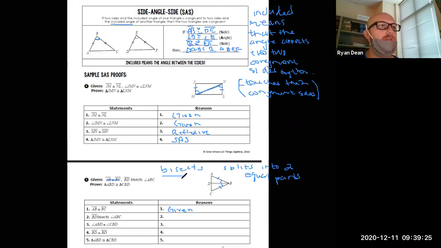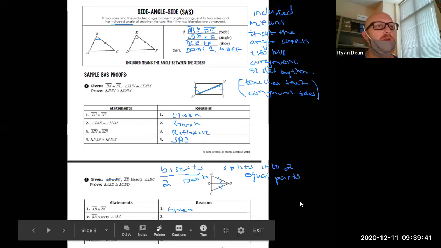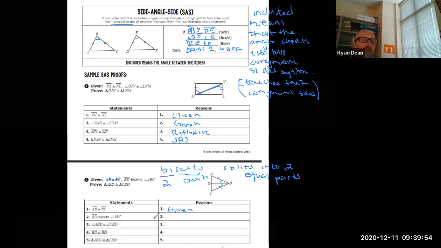The word bi means two. It's a little bit of English class. The word bi means two, and then sect is just a fancy way of saying parts. So two parts, and they're equal parts. Now, since BD bisects angle ABC, this piece is given because it takes the exact words from up here and just places them down.